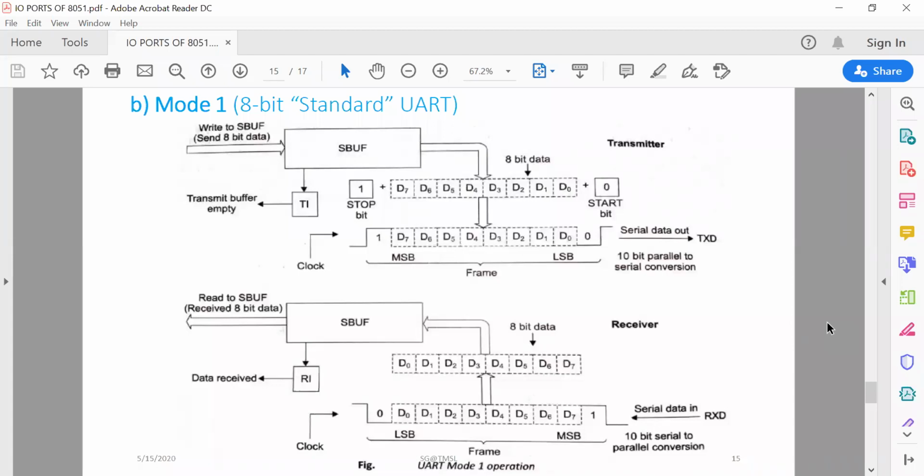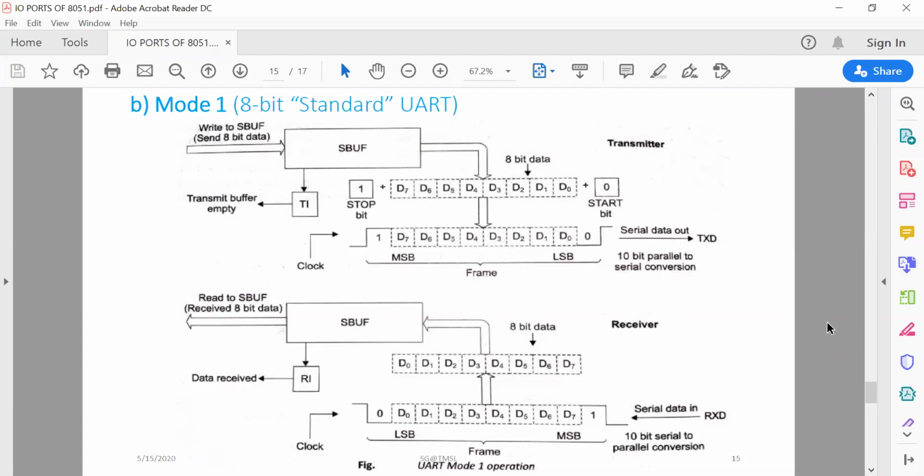This mode transmits 10 bits through the TXD line and receives through the RxD pin. It receives a start bit, always 0, which is a logic low level signal, 8 data bits LSB first, and a stop bit, which is always 1, a high level signal.